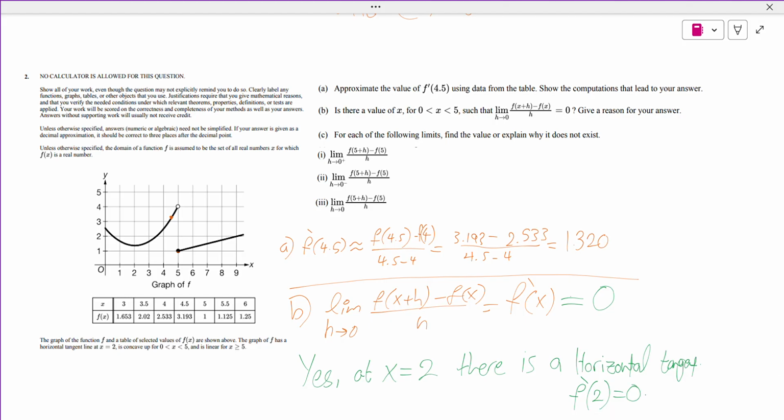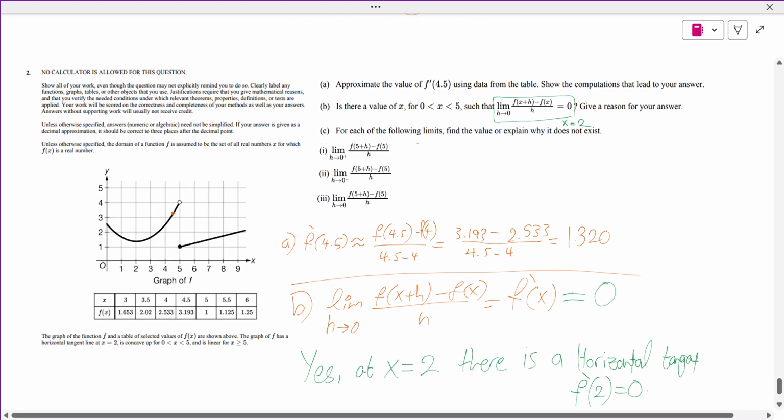So at 2, this limit will be 0 at x equals 2. It's a horizontal tangent. So let's look now at part C.